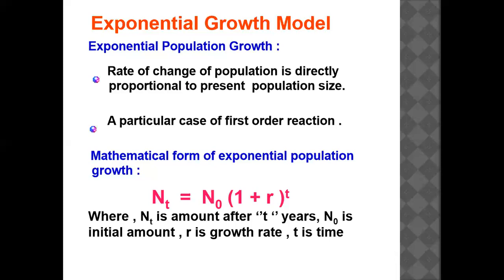Now, we shall discuss both the models elaborately. So number one model is the exponential growth model. In this model, the birth rate and death rate are assumed to be fixed and the population grows steadily with time without any limits.